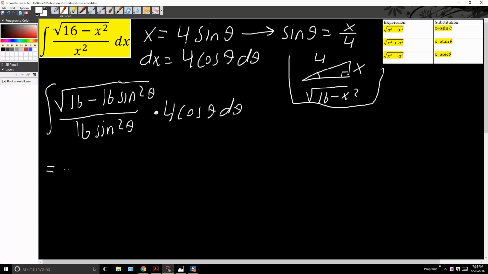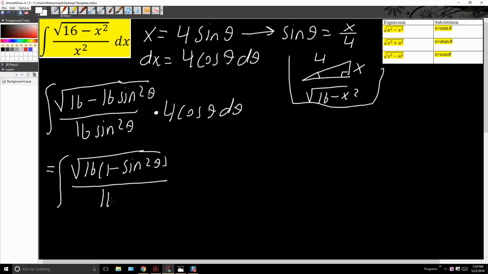And this will, first we're going to actually factor out the 16 on the numerator. And by doing so, we'll get this. So 1 minus sine squared theta divided by 16 sine squared theta times what we have here, 4 cosine theta d theta. And by doing this, we see a trig identity.